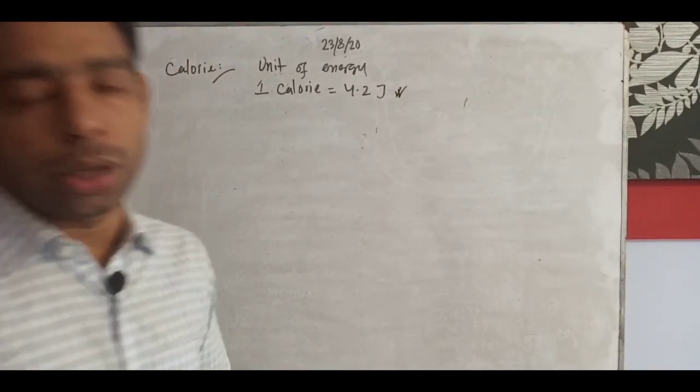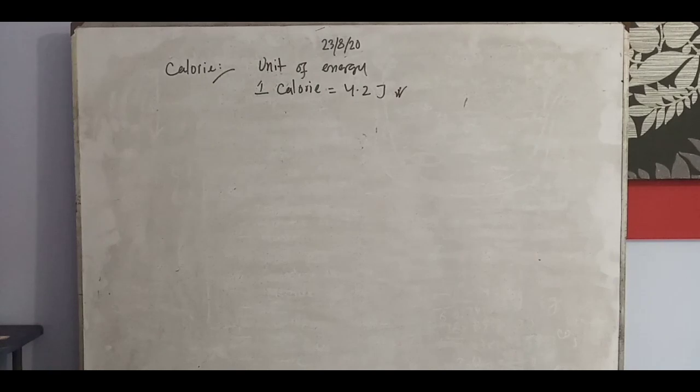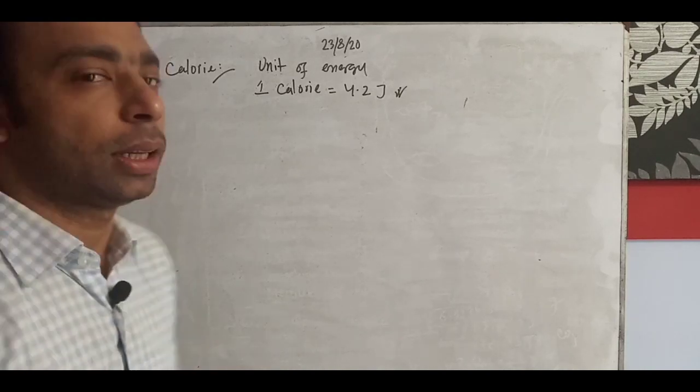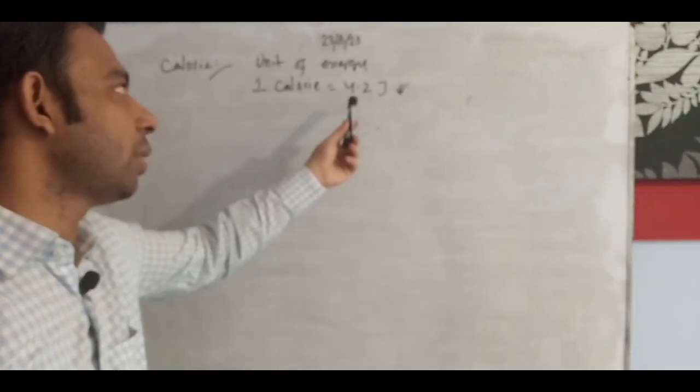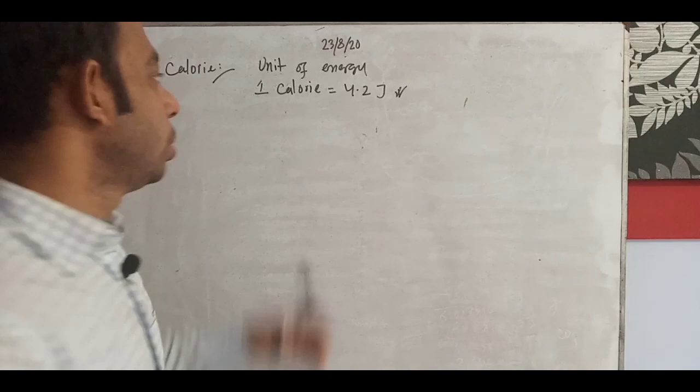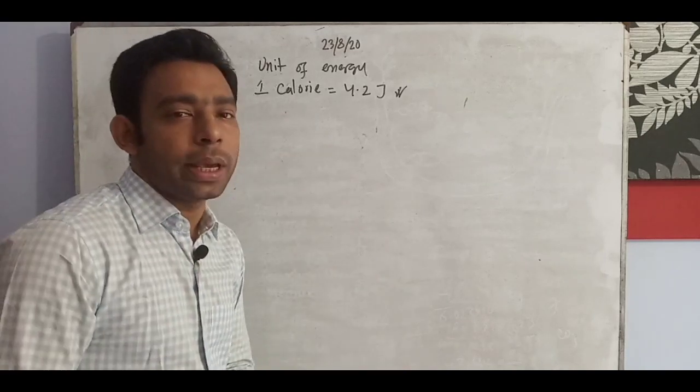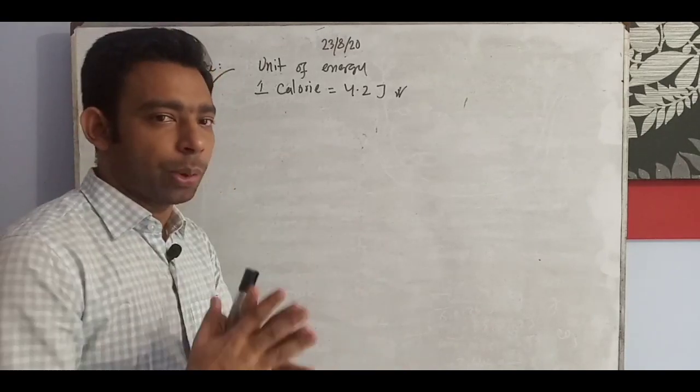Calorie is what we get from the food, or generally energy we get from the food, and the unit of the energy is the calorie. So 1 calorie is related with 4.2 joule. In this way you can remember calorie.